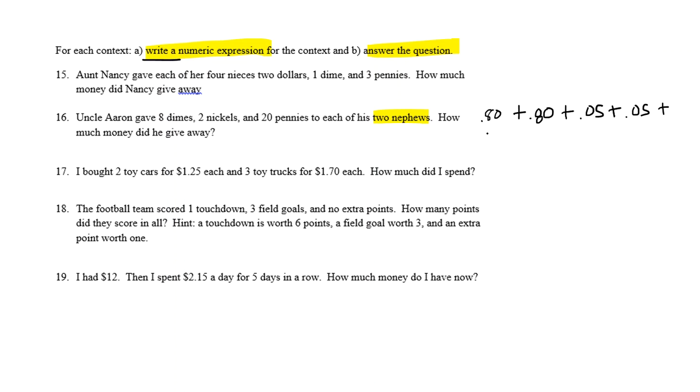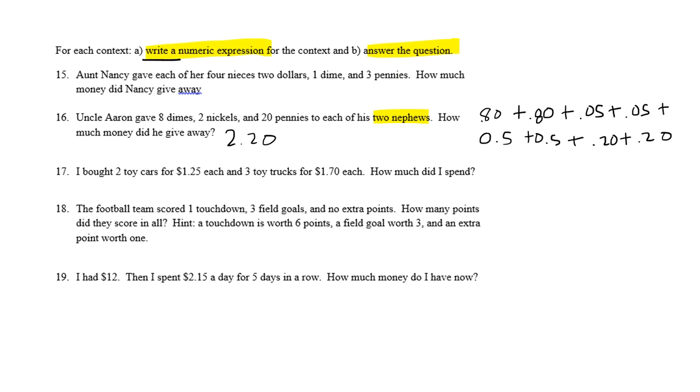So that means he's actually giving away 4 nickels because he's doing that to 2 nephews. And then 20 pennies, which is 20 cents. Okay, so we can write all of this out and then we can add it up. And that would be $2.20.